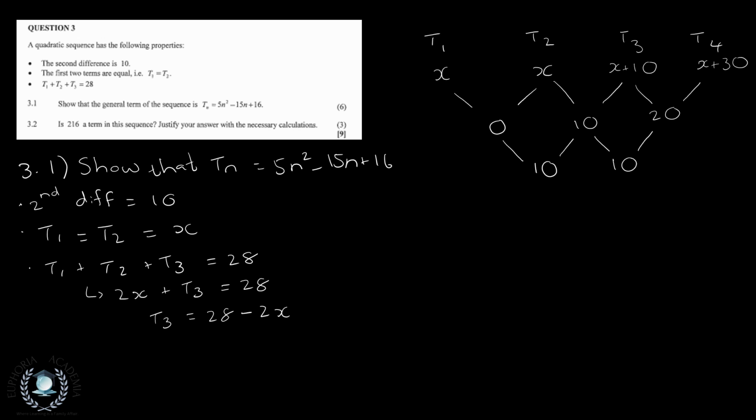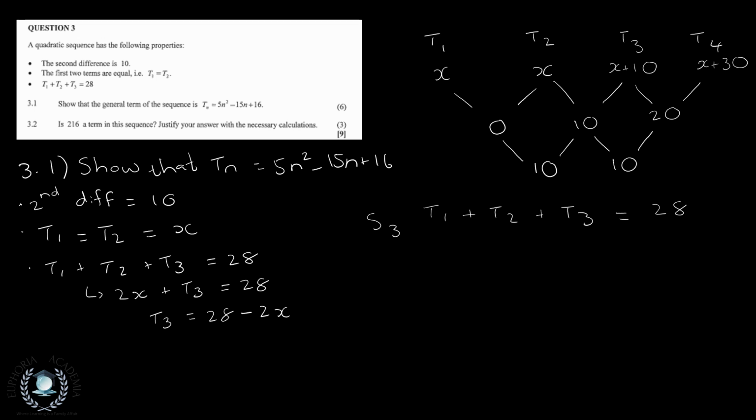Alright, so let us find what our x is equal to. We are also told that if we add our term 1 plus our term 2 plus our term 3, we're going to find that that is equal to 28. Now T1 plus T2 plus T3 stands for the sum of our first 3 terms.